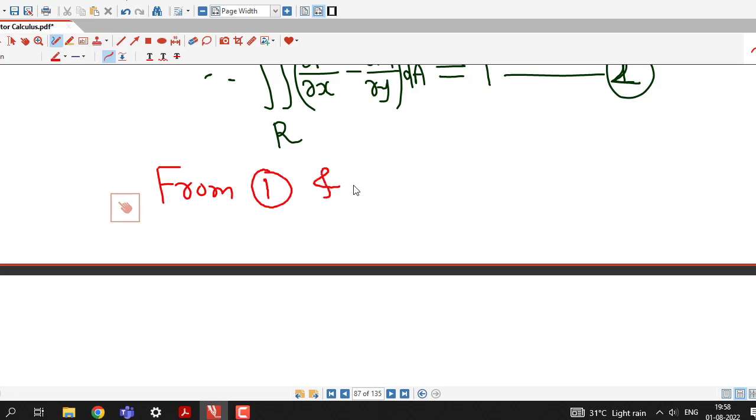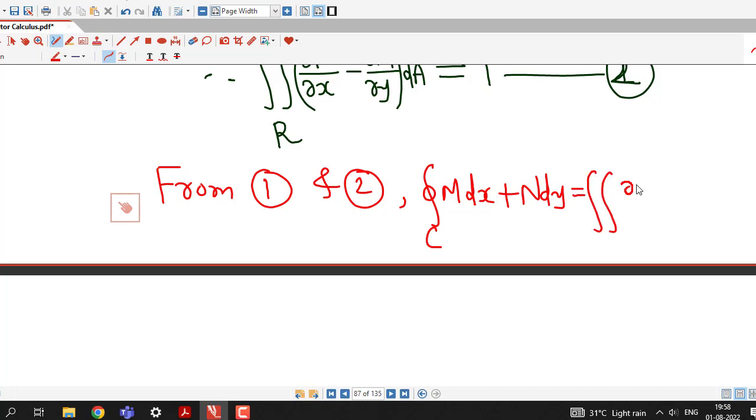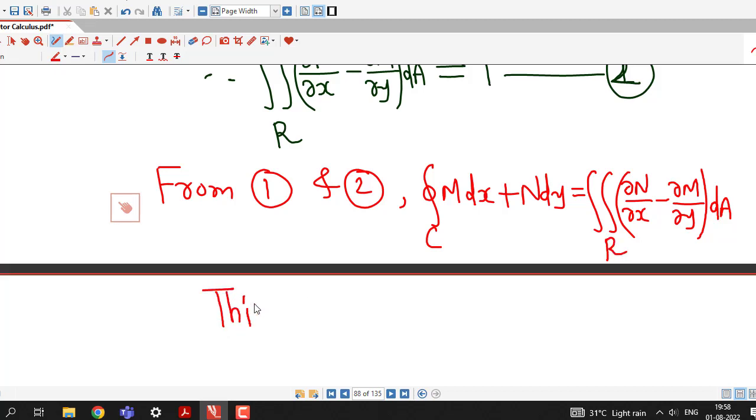From 1 and 2 we obtain that line integral of m dx plus n dy is equal to double integral of del n by del x minus del m by del y over region R. So we can write that this verifies tangential form of Green's theorem.